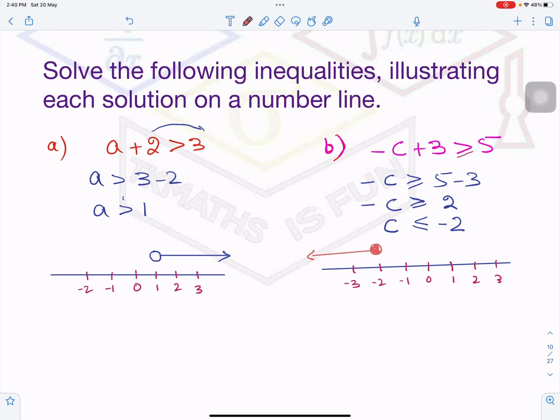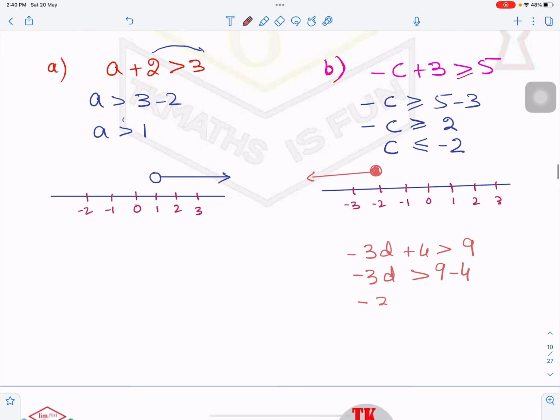For example, I take here minus 3d plus 4 is greater than 9. Okay, so minus 3d greater than 9 minus 4, it will be minus 3d greater than 5.